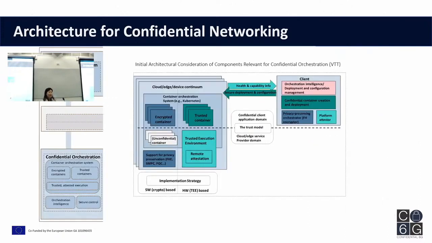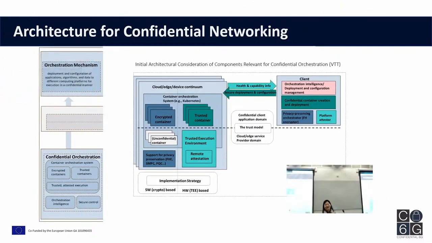Okay, so now I'm going to the first part of this presentation, which is the architecture for these different modules, the research problems we have been focusing on, and how we can initially design a solution. The first one is confidential orchestration.